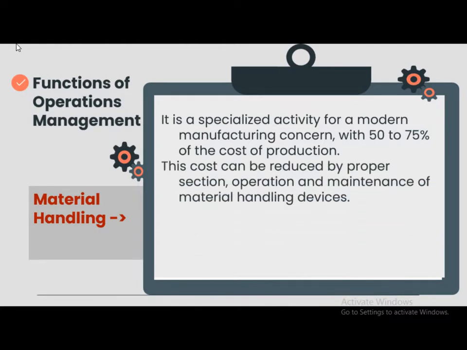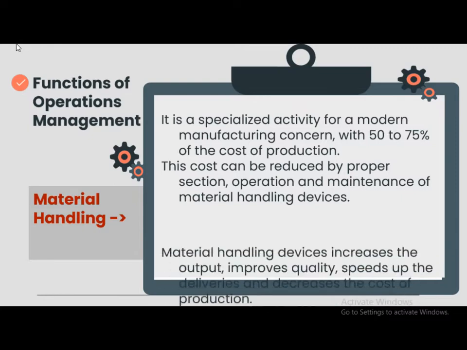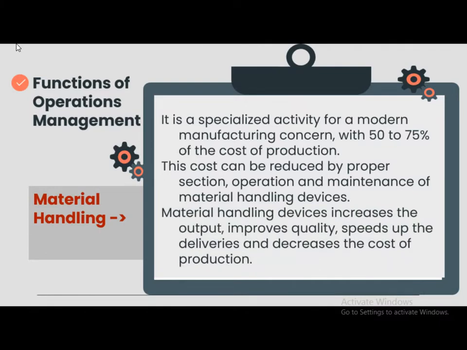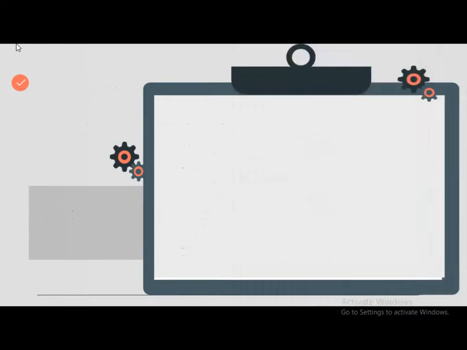This cost can be reduced by proper selection, operations and maintenance of material handling devices. Material handling devices increase the output, improve the quality, speed up the deliveries and decrease the cost of production.